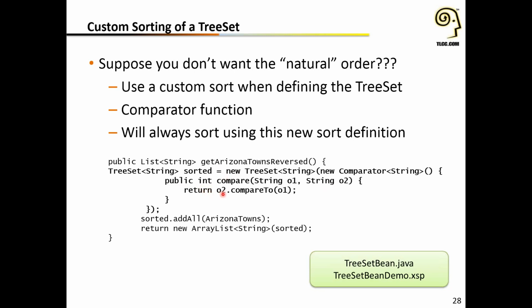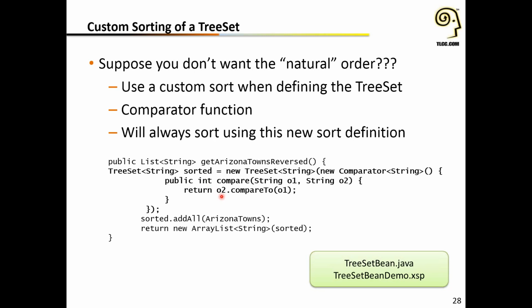And as we compare it, it will ask, is this first argument equal to, less than, or greater than the second one? And we have to return an integer. If the integer is a negative number, then it should be sorted as less than. If it's the same, then it will be a 0. If it's greater, then it'll be a positive number.